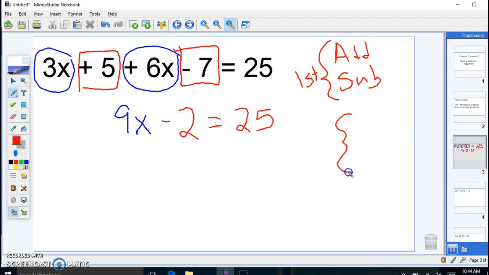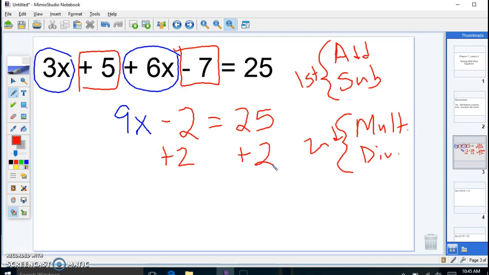After that, the second and third thing is if there's multiplication or if there's division, then we will inverse that to get our variable all by itself. So in this problem, we have a minus 2, so we have to add 2 to both sides of the equation. This cancels out here. I drop down the 9x. I now have 9x equals, and 25 plus 2 is 27.